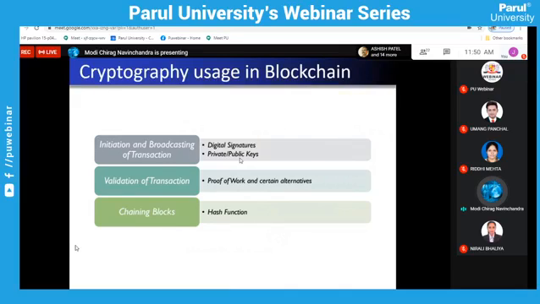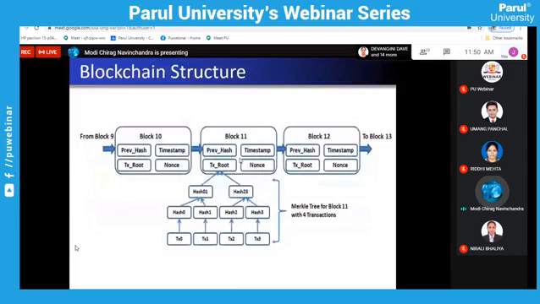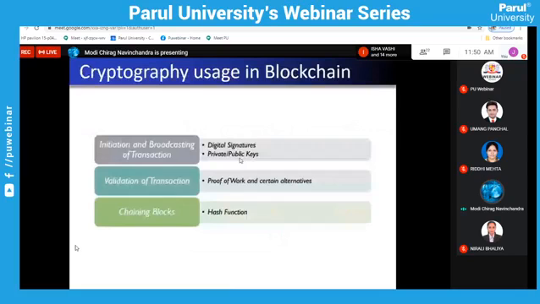We'll see this consensus mechanism later. To perform the consensus, cryptography is used. And for chaining of the blocks, the hash function is used. We have already seen how blocks are chained.